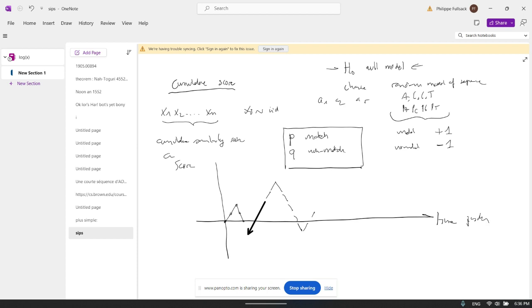This is a cumulative score. If you follow what's happening, my score increases first, then decreases, then increases again, then decreases again. So I'm doing a random walk.